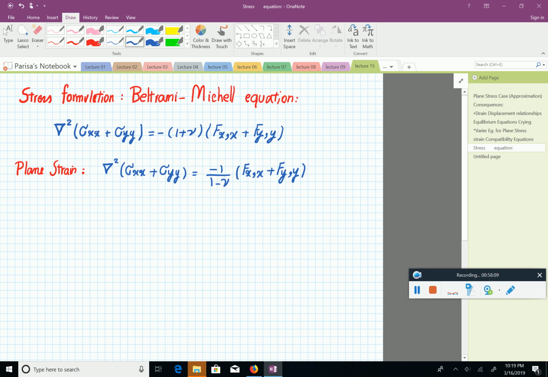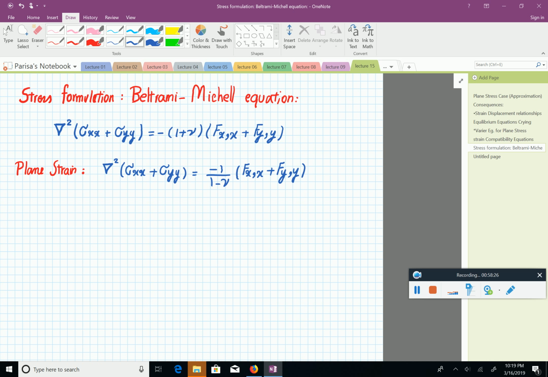If we compare these two equations, again, the only difference is these coefficients, which are the elastic constants in front of fx comma x plus fy comma y.